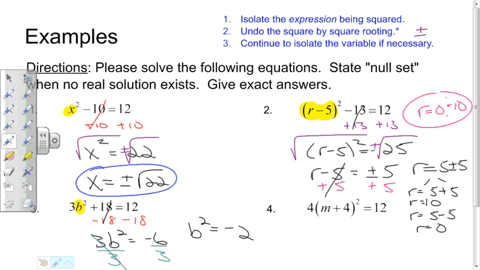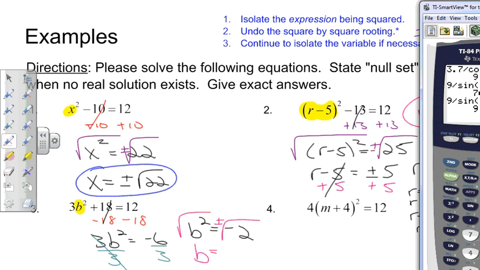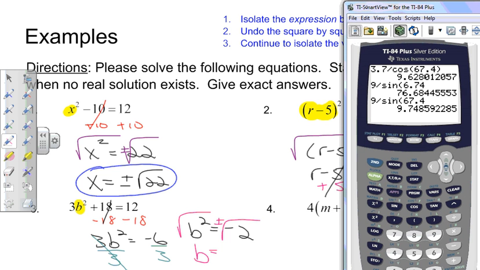And then when I go to apply step 2, something interesting happens where it says to square root both sides, and don't forget your plus minus. We get b equals, and I'll hold off for 1 second and go to the calculator. But you probably see what's coming if you have some sense of square rooting negative values.